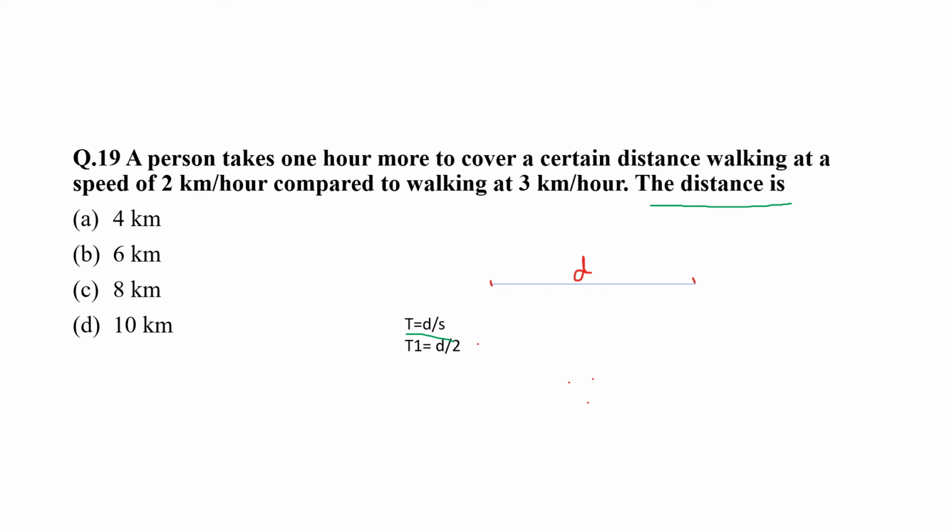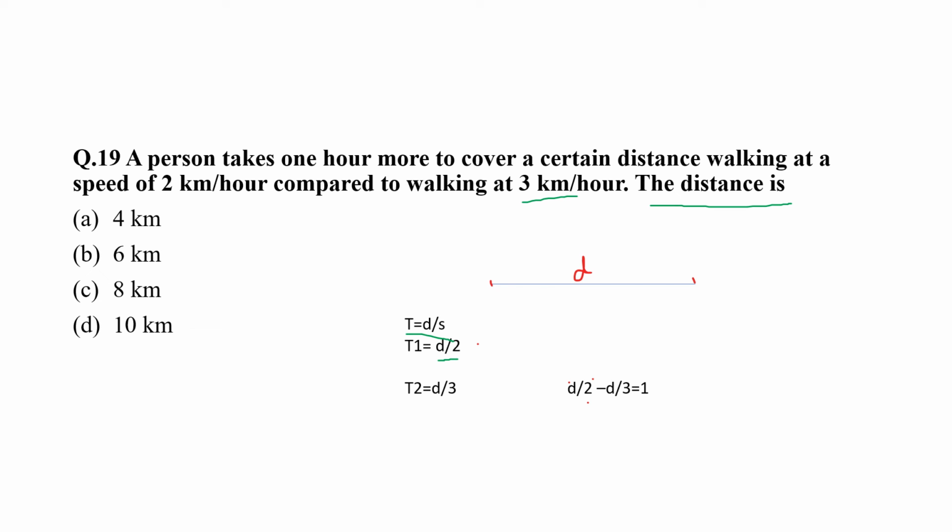So t1 is equal to d upon 2, where d is the distance and 2 is the speed. Here is the other speed, so t2 is equal to d upon 3.